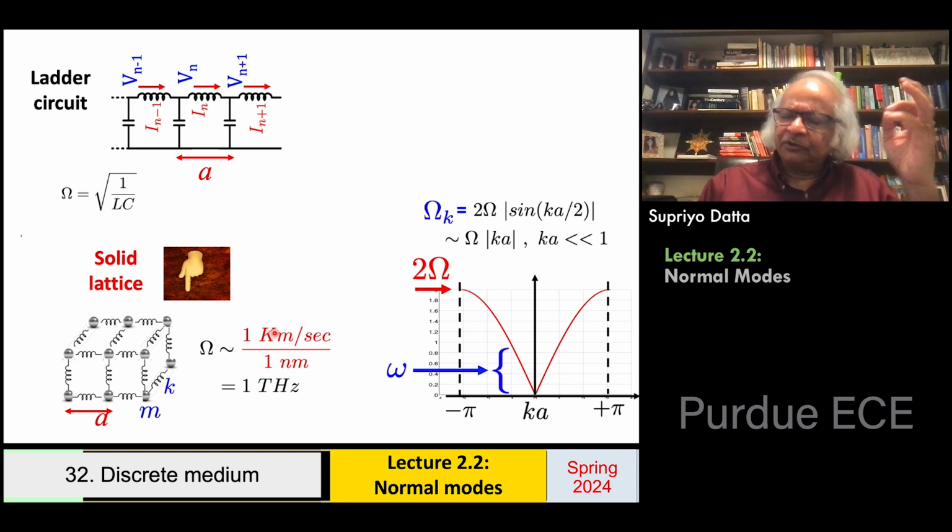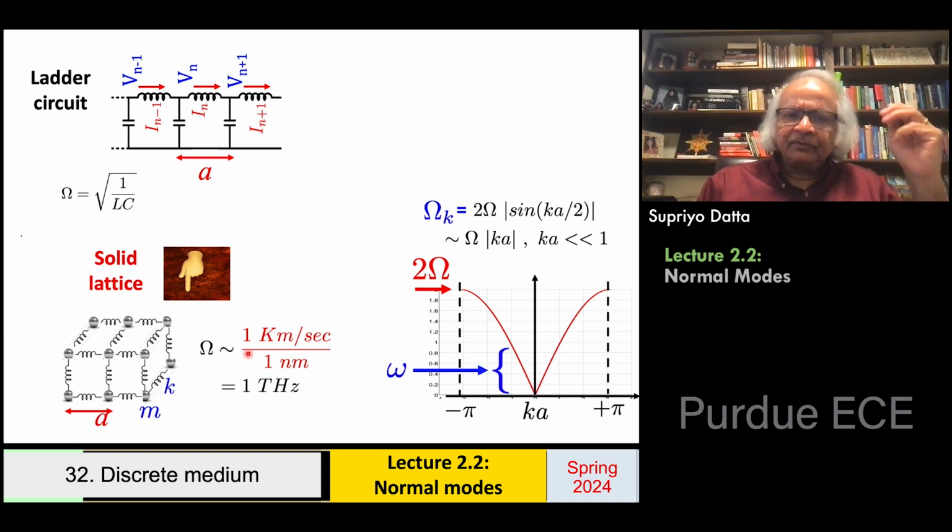In solids, that would be a typical sound velocity. And the omega then would be like this velocity divided by a, which would be on the order of terahertz. So indeed, in solids, there would be an upper frequency on the order of terahertz, beyond which you wouldn't have sound waves in the solid.